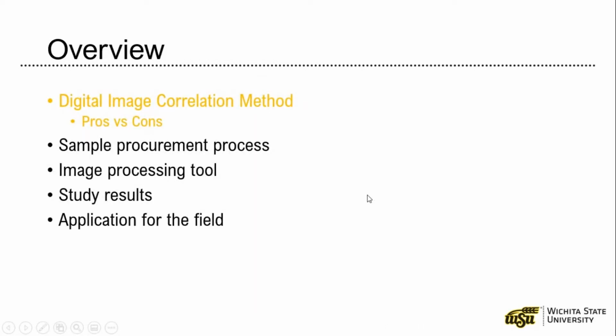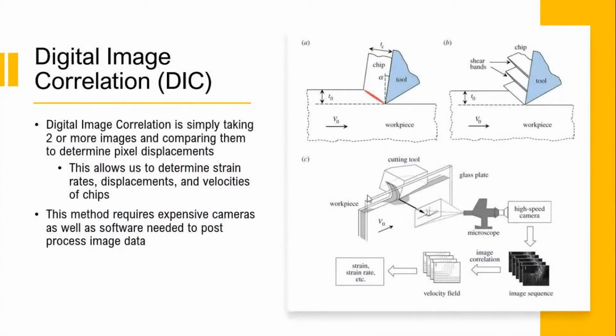So a little overview of what we're going to talk about today is the digital image correlation method. That's the current method we use right now to infer velocity fields and strain rates. Then the sample procurement process, the image processing tool that we created, and then the results and applications for this tool. So digital image correlation is simply taking multiple images and interpolating the pixel position.